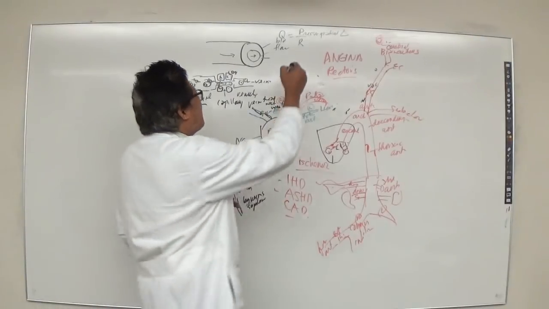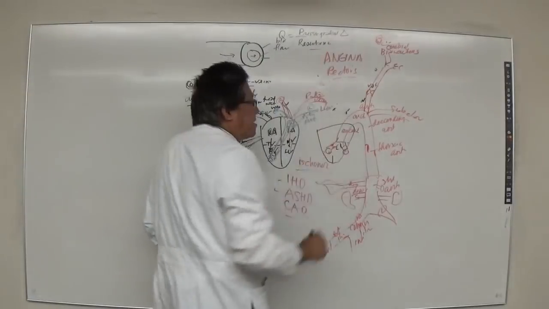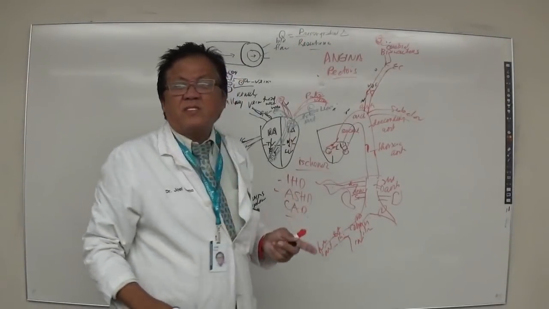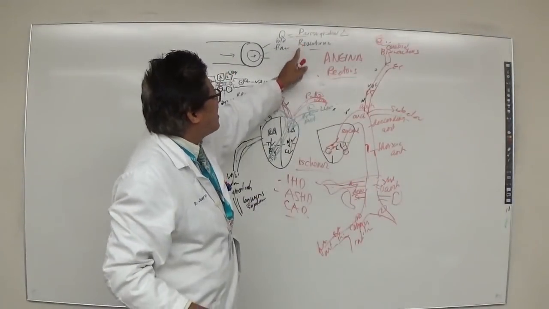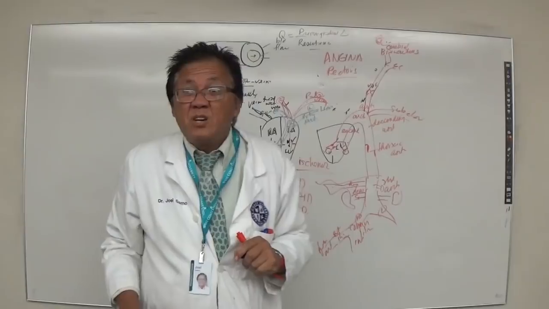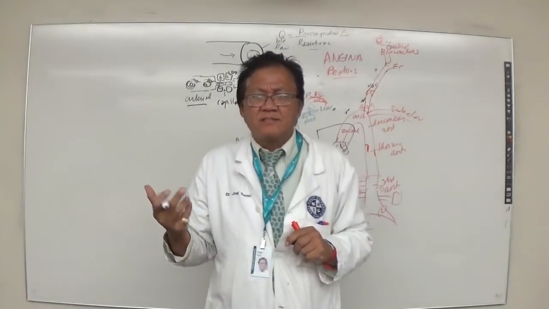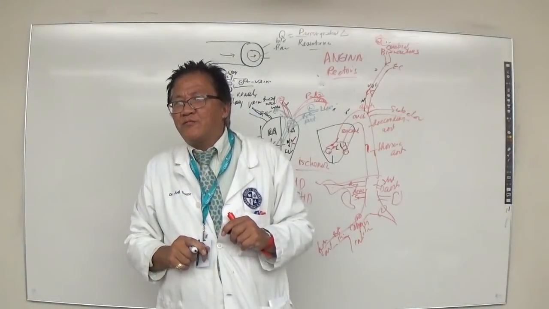So, what is the definition of resistance, class? What's the key word? Q is equal to P over R. It's a fraction. This is the numerator. This is the denominator. Can anybody tell me the definition of the word resistance? Opposing forces.